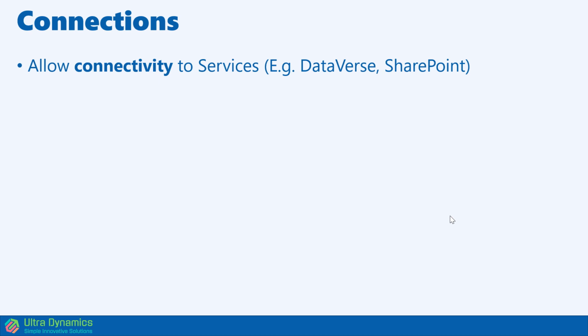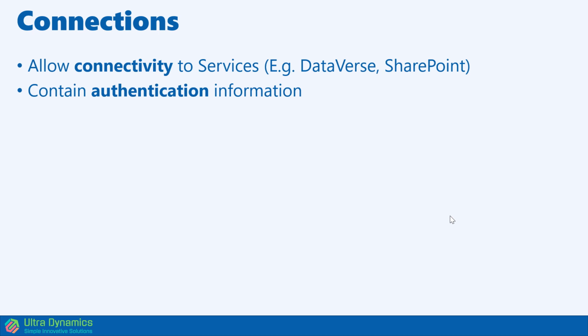If you're building a Power Automate flow, for example, you can connect into Dataverse or Microsoft SharePoint or Microsoft OneDrive. And to be able to connect to these services using a connector, you need to create a connection. And typically, when you create a connection, you need to provide some way of authenticating into these services.